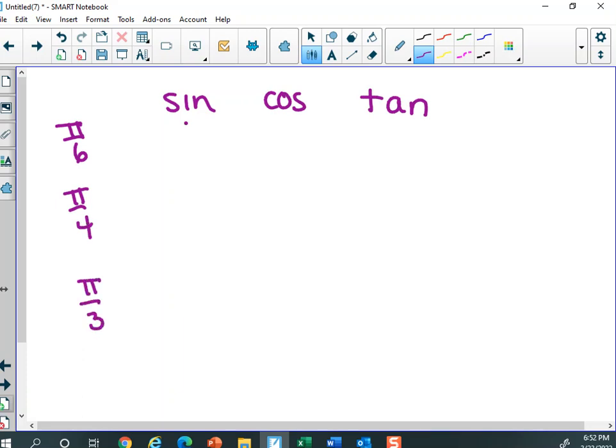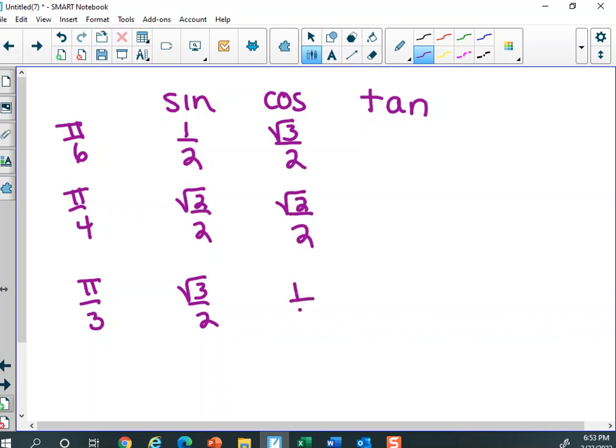If we want the table version: 1/2, square root of 2 over 2, square root of 3 over 2. Then for tangent: square root of 3 over 3, 1, square root of 3. Okay.